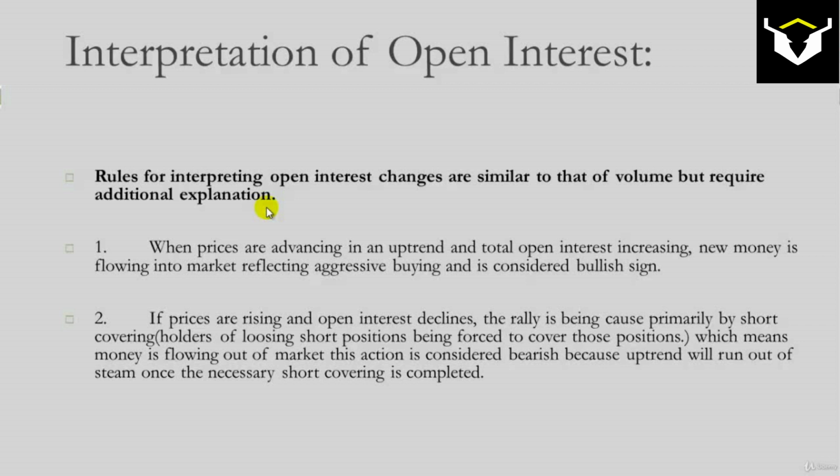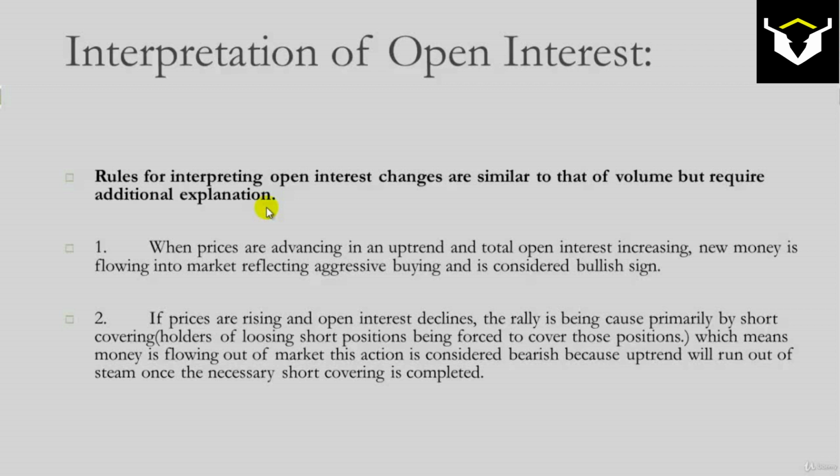That new high was their stop loss level, and when it was triggered, they were forced to cover or close their standing positions. Hence, open interest decreased from 10 lakh to 8 lakh.